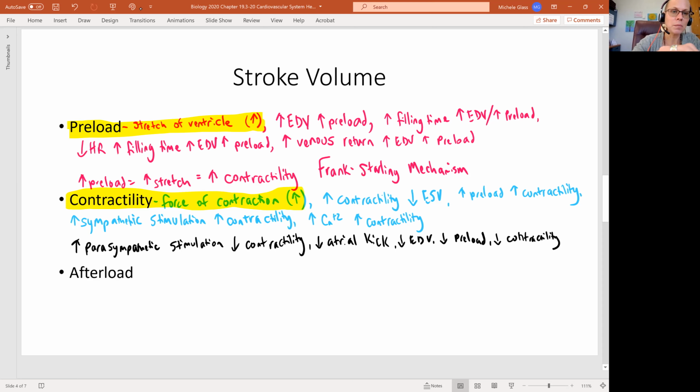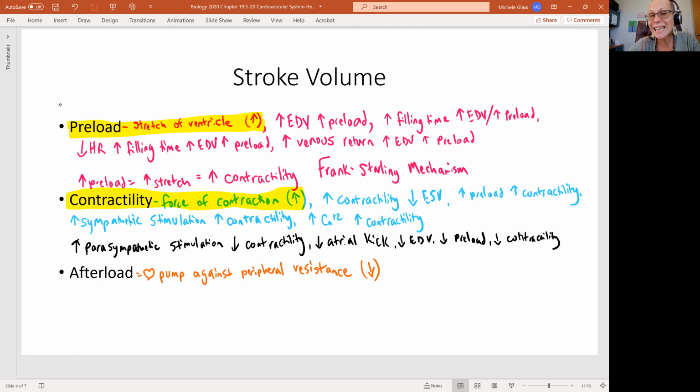The last part of our conversation here is looking at what's described as afterload. And afterload is basically talking about how much the heart has to pump against what's described as peripheral resistance. Now, this value, you want afterload to be a low value.